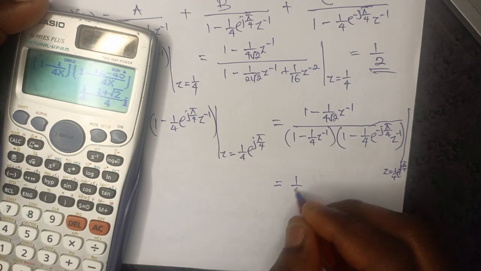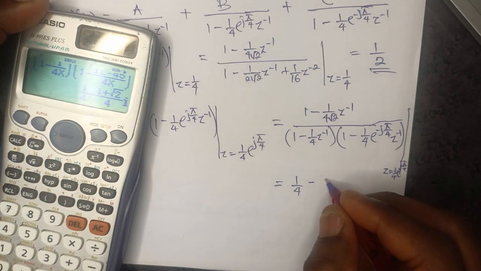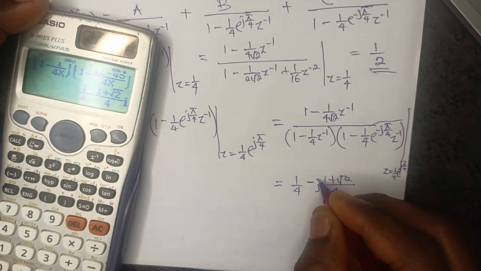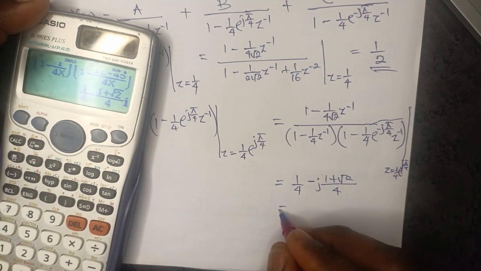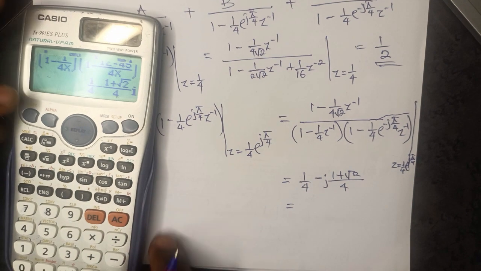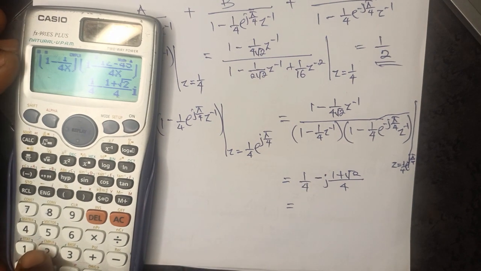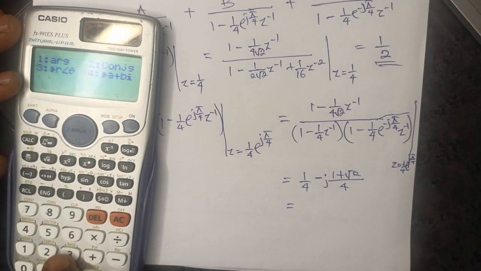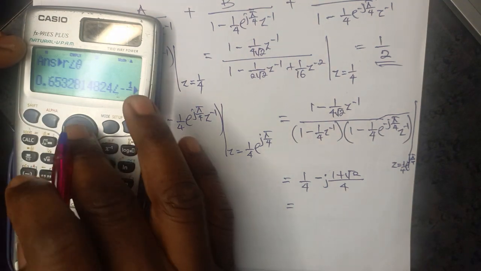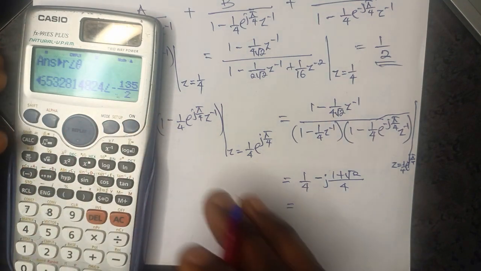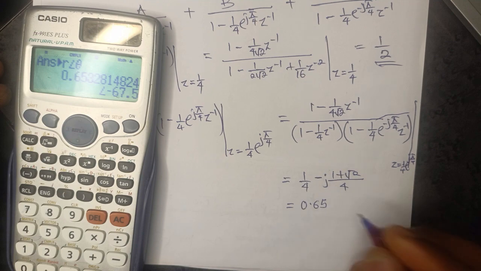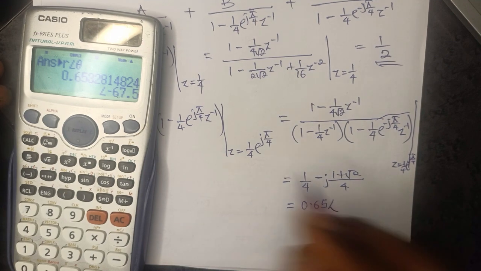So the answer is 1 all over 4 minus 1 plus root 2 all over 4j. If we now convert this particular expression into magnitude and angle, we just need to press shift, then complex number, that's 2, then 3. We select 3, so we have it in magnitude and angle form. In this format it is 0.65 argument minus 67.